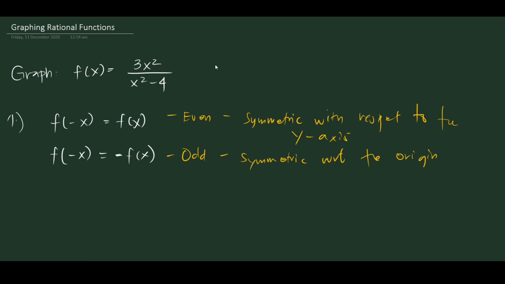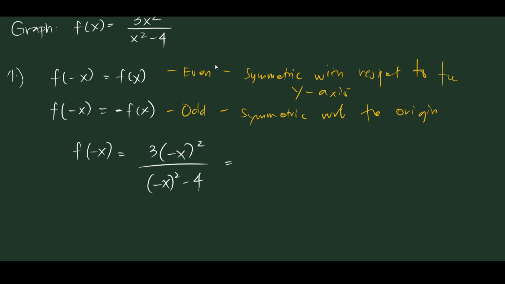Okay, so let's try. So f of negative x is equal to 3 times negative x squared all over negative x squared minus 4. So what is the result of this? Negative x just got squared, so it is still the same thing, x squared, and then x squared minus 4. Okay, so this is the result. So what can we see?